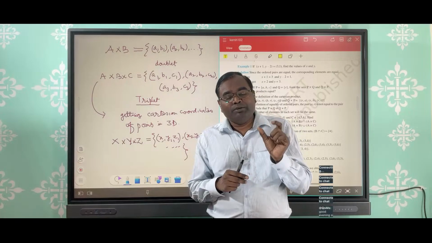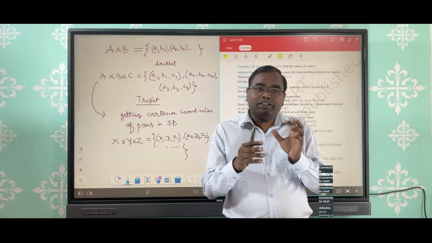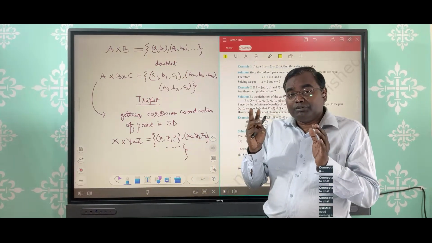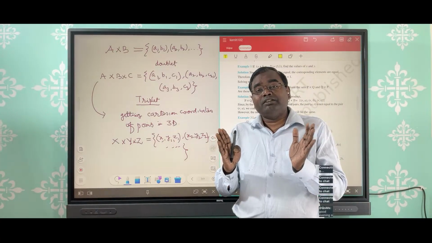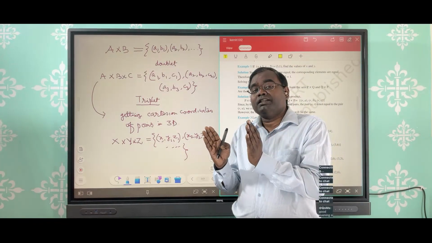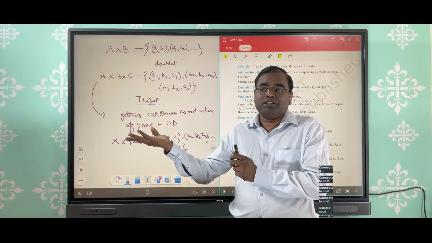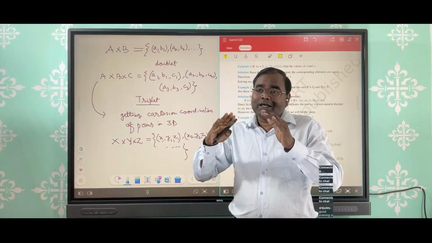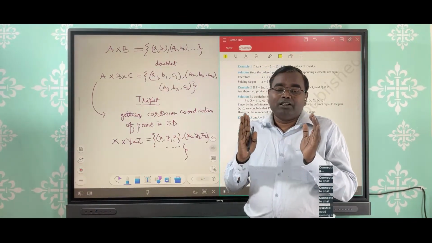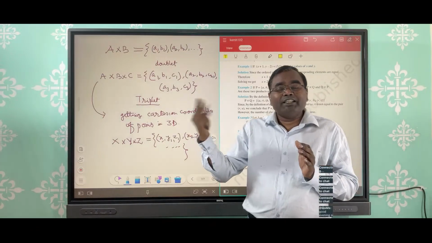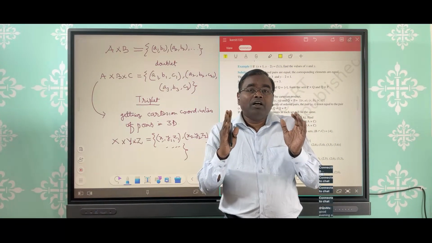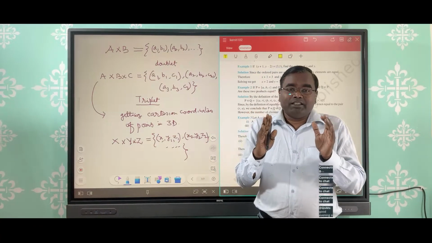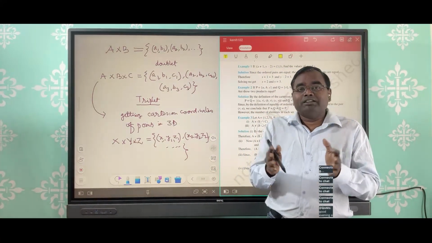If we make a different set, that is, we construct a subset of that cross product, and that subset has special elements taken from the cross product, then that subset is called the relation.